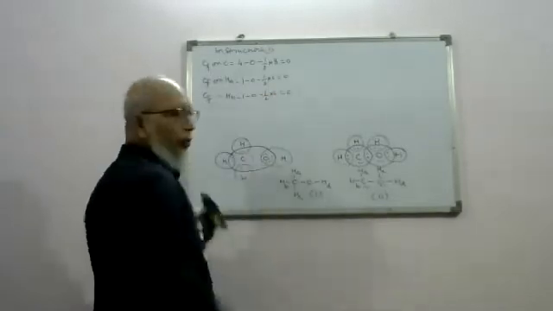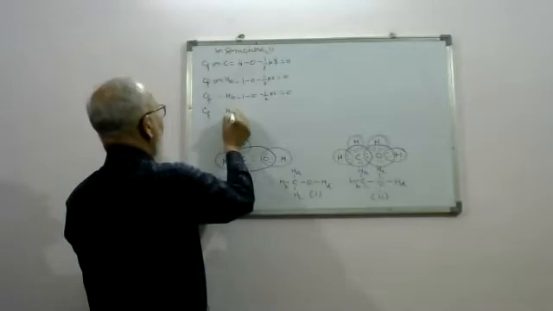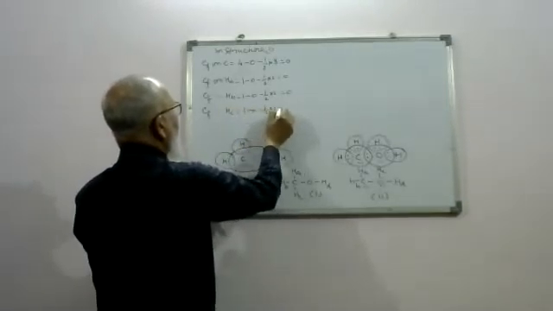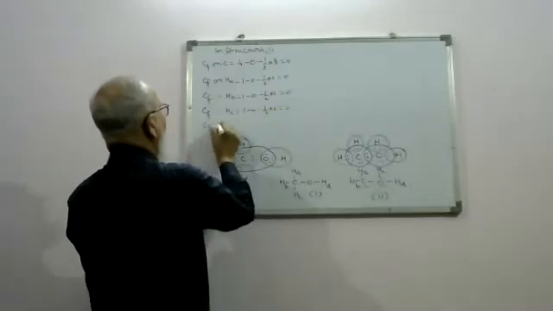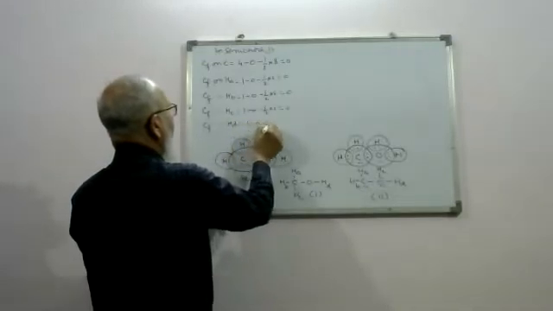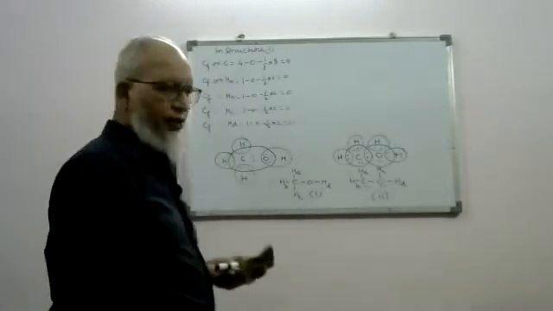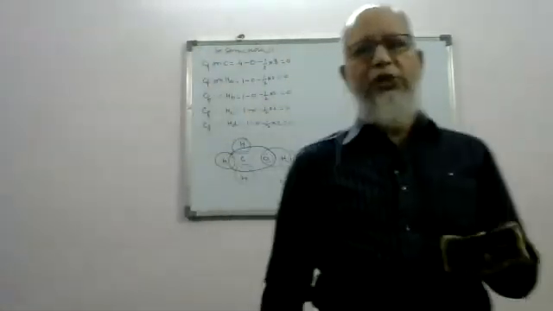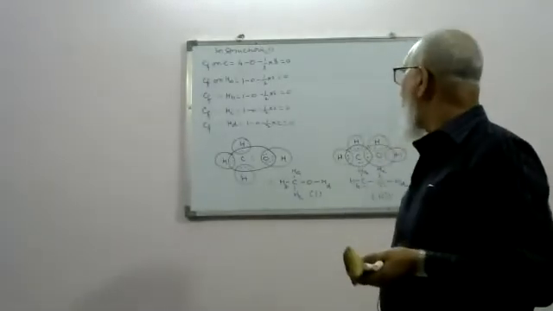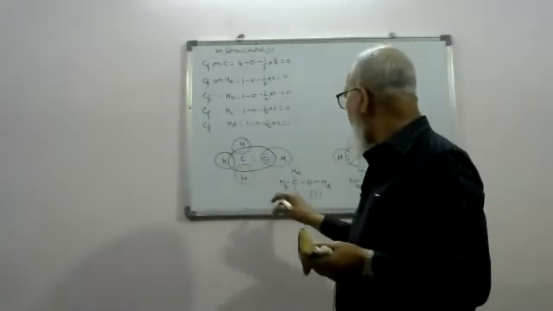This is also equal to 0. CF on HC is also equal to 1 minus 0 minus 1 by 2 into 2 is equal to 0. And CF on HD is equal to 1 minus 0 minus 1 by 2 into 2 is equal to 0. So we find that for structure first, the formal charge on all the carbon and hydrogen atoms are 0. Now let us calculate the formal charge on oxygen atom.